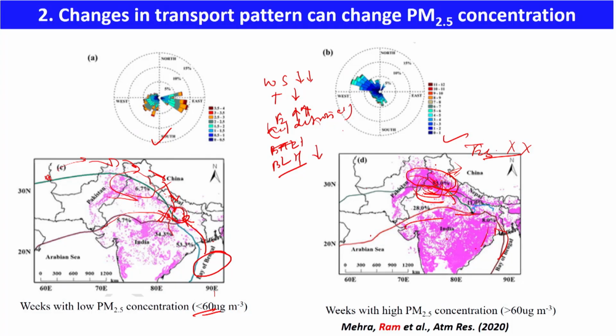So all the meteorological factors that were responsible for dilution of aerosols are reduced: wind speed, temperature, boundary layer height. In contrary, the emission is increased. So if the emission is increased, what will happen? It all has to contribute somehow. When the emission increases, you can't do anything, right?